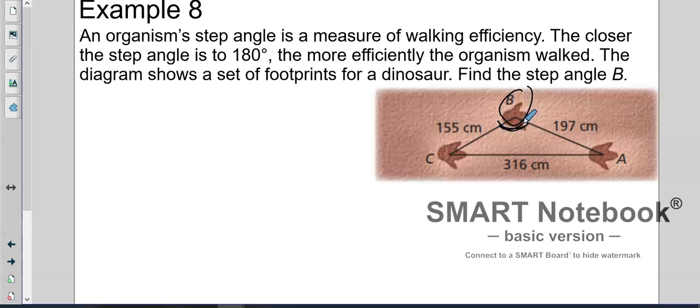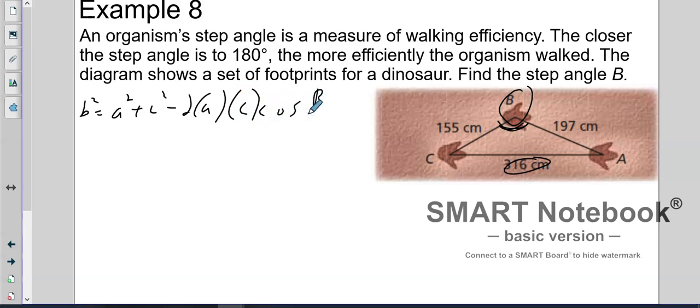So if we're doing B, that's B squared equals the other two, A squared plus C squared minus 2 times A times C times the cosine of that same letter. So let's start filling it out.